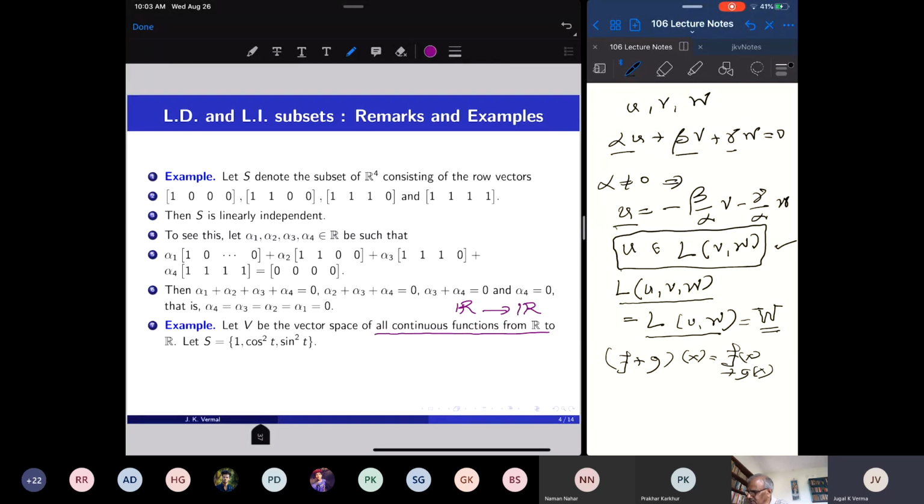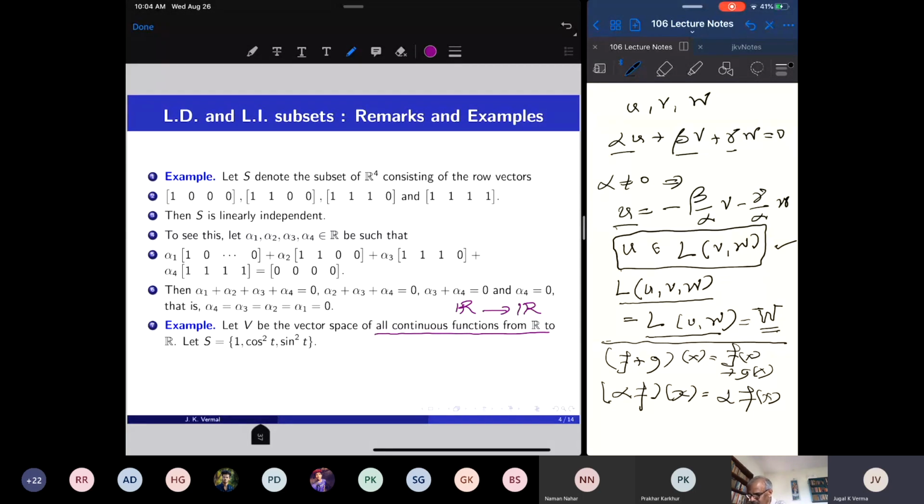I can take a scalar and a function; then alpha f is the function defined like this: alpha times f of x.